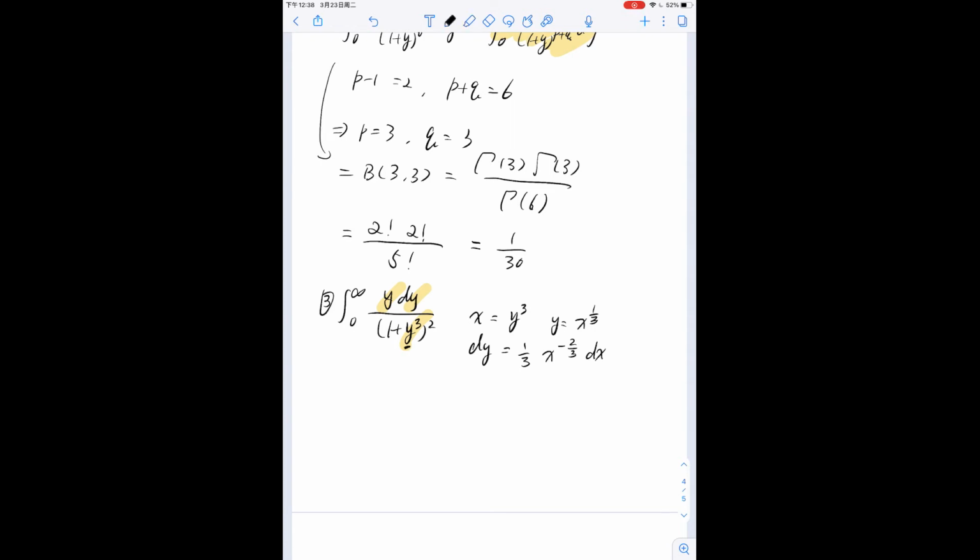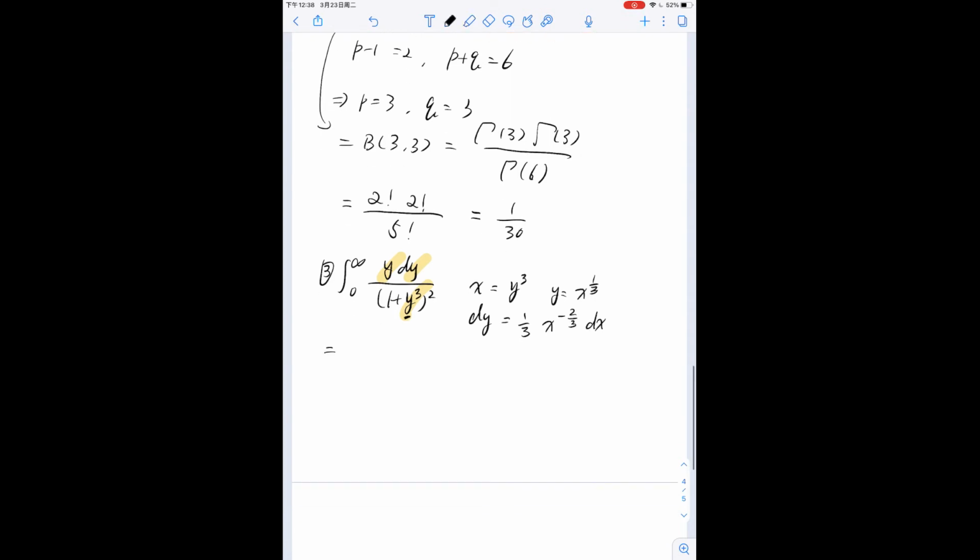So we got all of them, and we can assemble them together. So it equals the integral from 0. Since x equals y to the power of 3, when y equals 0, x equals 0. When y equals infinity, x also equals infinity. So the range does not change.